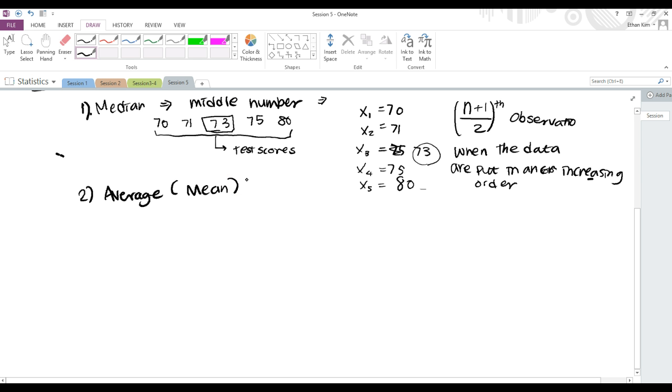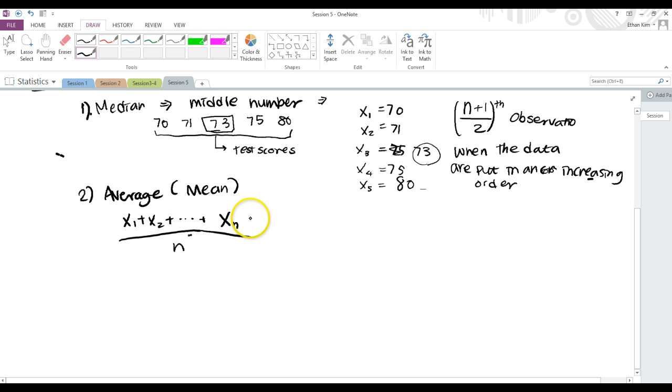Average is notated, so let's go over the notation first. It's the sum of all observations, x1 to xn, divided by n. So this is the regular average that we know.